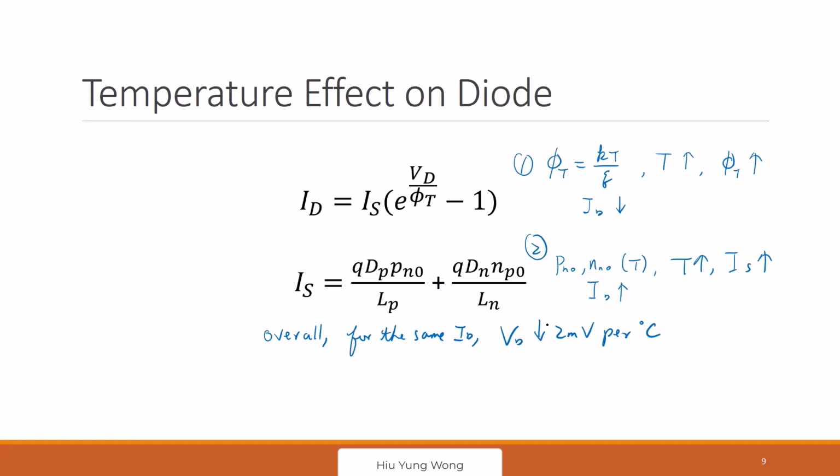So this is just a rule of thumb. Having an idea is good. If you are a circuit designer, you have an idea. For the same current, it decreases by 2 millivolts, right? And then you can also calculate, for the same voltage, how much current is going to increase when we increase the temperature. Is that okay?